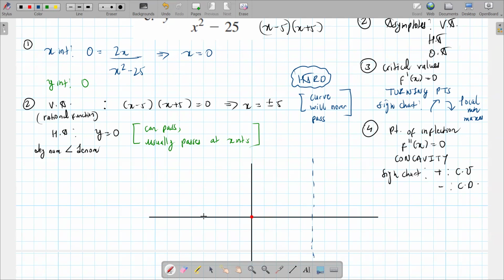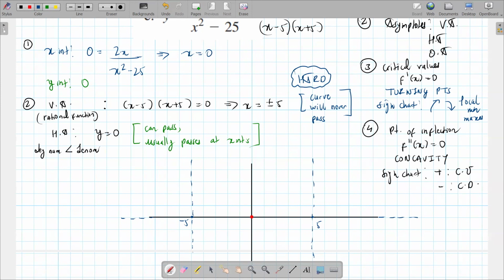Negative 1, 2, 3, 4, 5 right here. So negative 5 is there. That's an asymptote. Positive 5 is here. And we also have an asymptote on the whole x-axis, the horizontal asymptote, y equals 0. So that's what we have right now, which doesn't really help us that much, to be honest, which is fine.